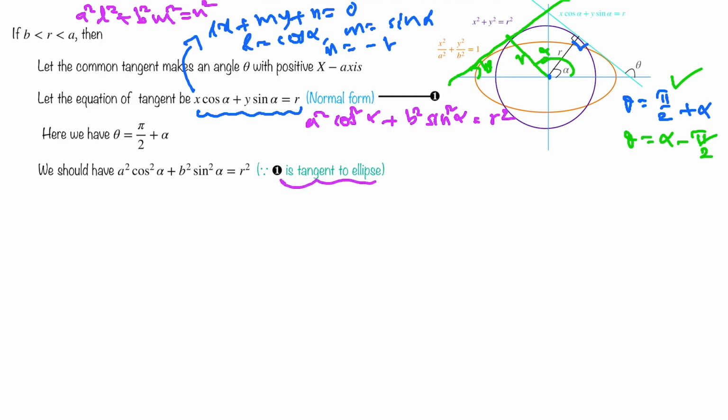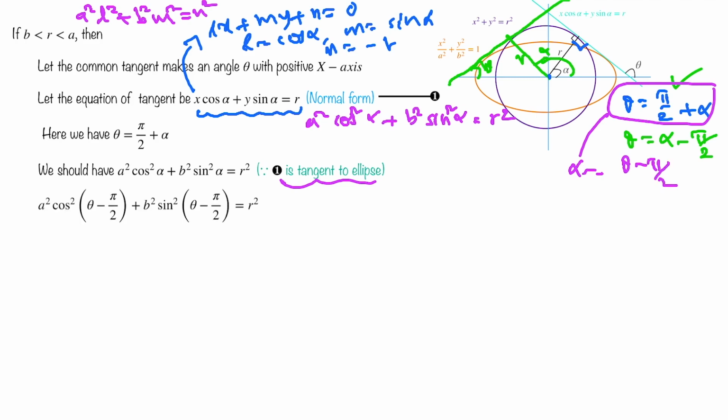Fine. Now using this relation we can write alpha equal to theta minus pi by 2. So if I replace alpha with theta minus pi by 2, then we have a square cos square of theta minus pi by 2 plus b square sin square of theta minus pi by 2 equal to r square.